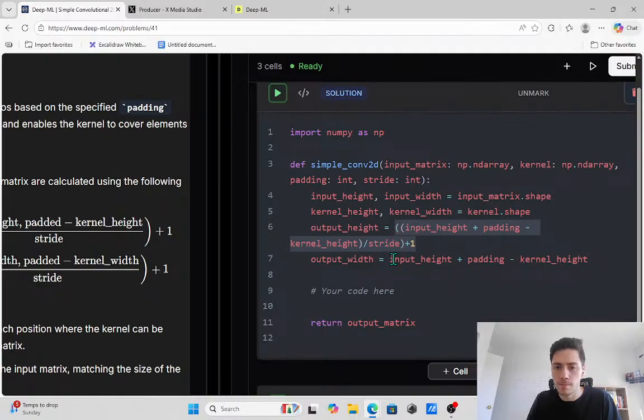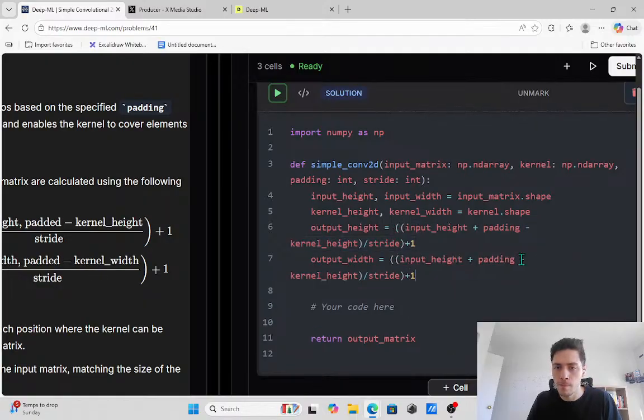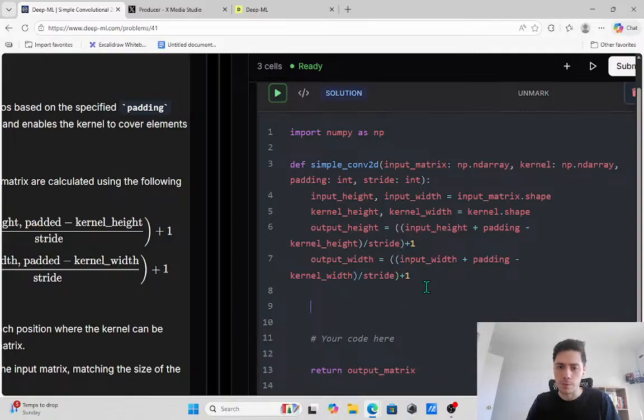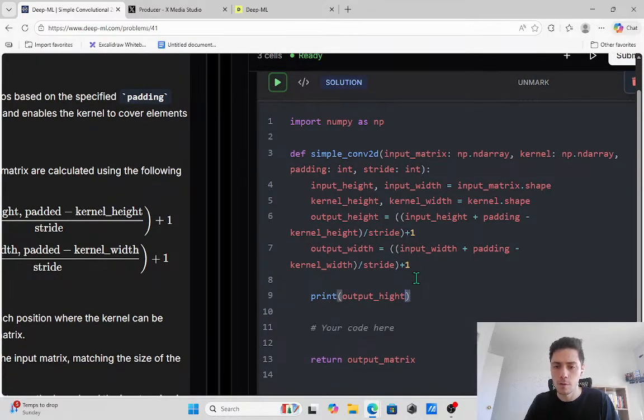Output width is pretty much the same thing. So instead of input height, we have input width and kernel width. Just print output height, comma, output width.